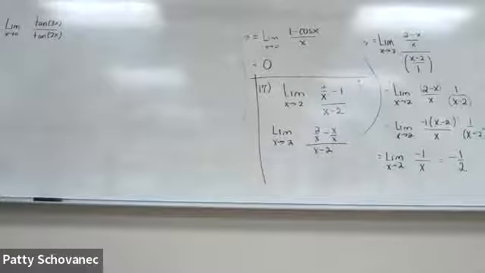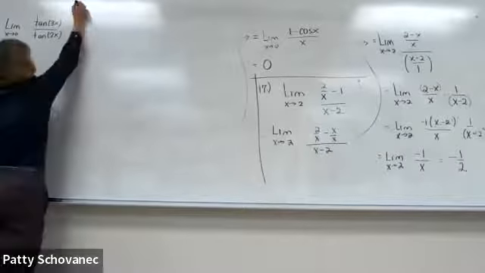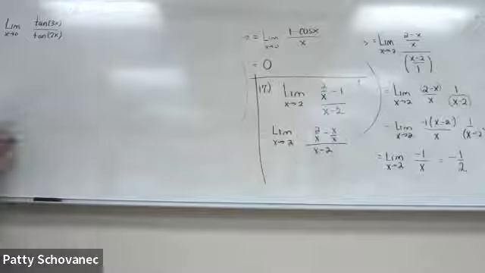So x is going to 0. That leaves me a tangent of 0 over a tangent of 0. What's the tangent of 0? Tangent of 0 is 0. So this has the form of 0 divided by 0. So we got to do more.